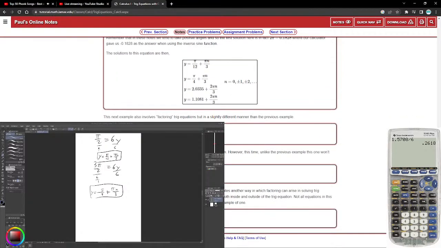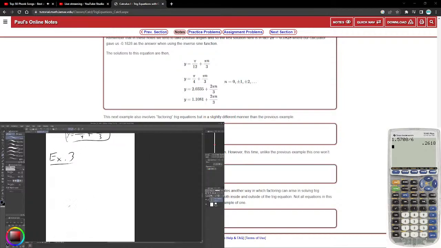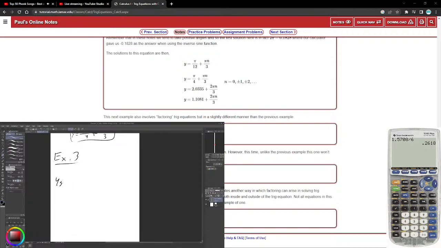So this next example also involves factoring trig equations, but in a slightly different manner than the previous example. Okay, let's try it. So 4 sine squared t over 3 minus 3 sine t over 3 equals 1.